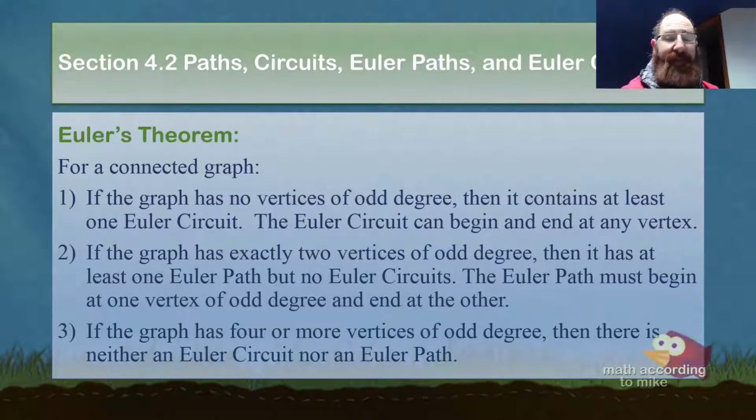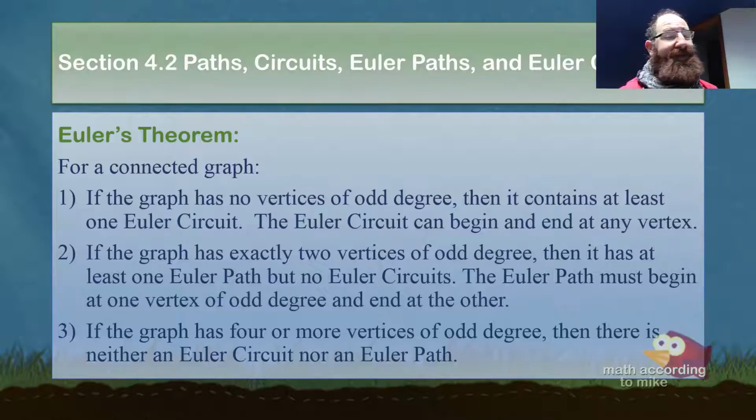So remember, odd vertices must come in pairs. In case 1, there's 0. In case 2, there's 2. In case 3, there's 4 or more. So 4, 6, 8, 10. So they must be an even pairing.